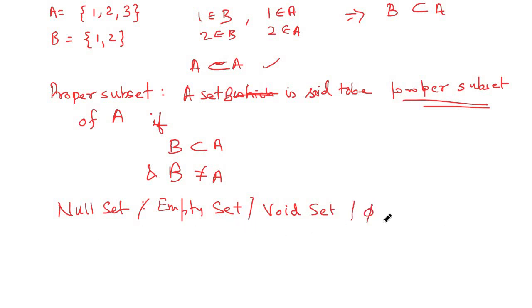Null set, empty set, void set are always representing the same set, that is, a set that does not contain any item. Since it does not contain any item, we say that phi is always a subset of any set.